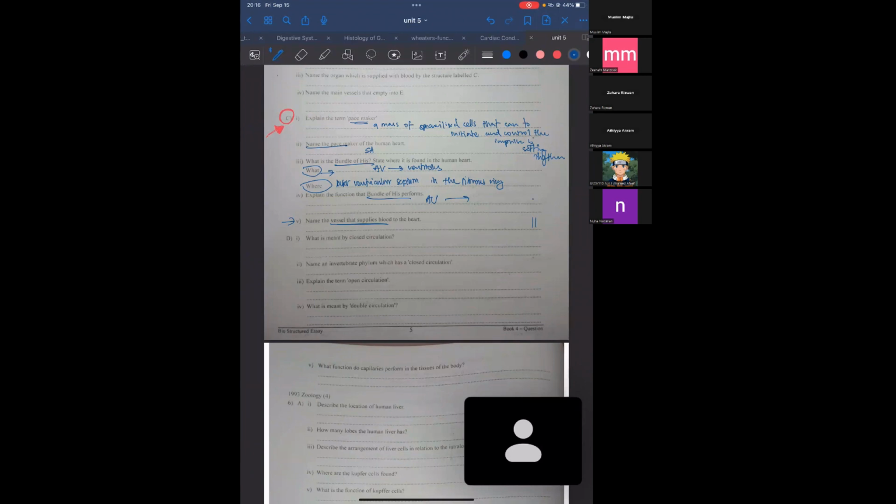Apart from the inferior vena cava, superior vena cava, and pulmonary veins, this is for the left atrium, this is for the right atrium. There are some vessels that originate from the aorta and supply the heart muscles. So the heart also needs some blood to work, right? The heart muscles are supplied with oxygenated blood by the coronary arteries. You call them coronary arteries.